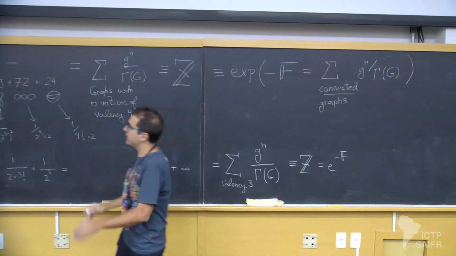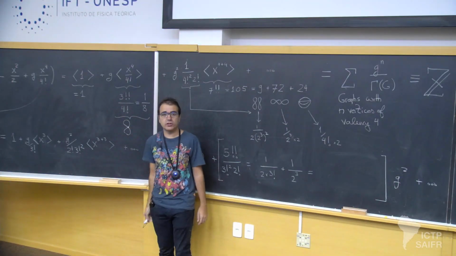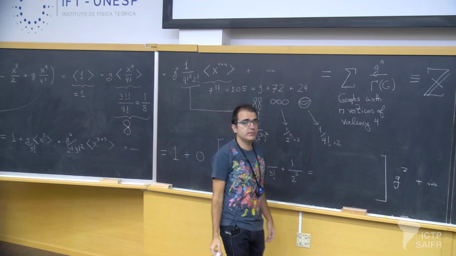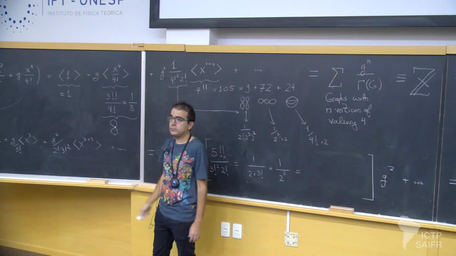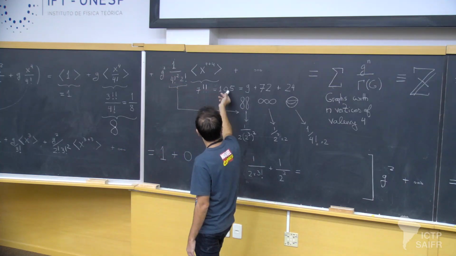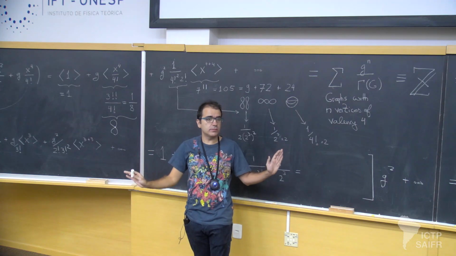Now, each expectation value of x to the n is just n minus 1 double factorial when n is even and 0 when n is odd. So immediately, this number gives 1 over 8. This number gives 105 over this number here, and so on. So we can just compute it.